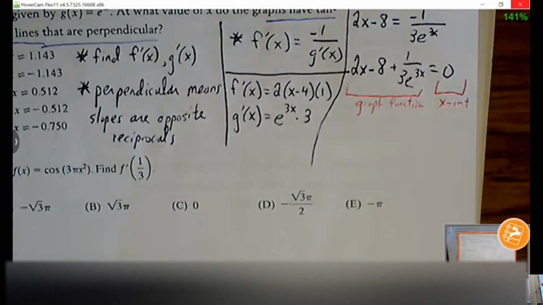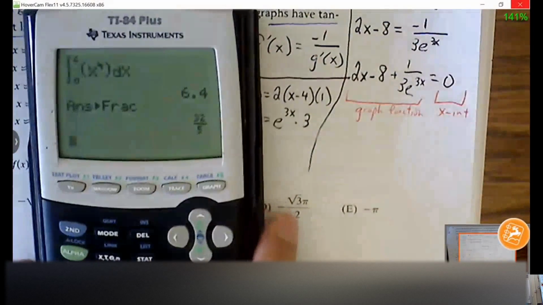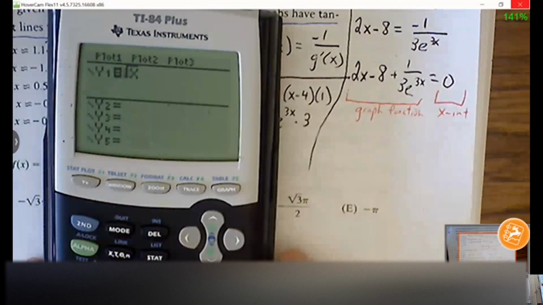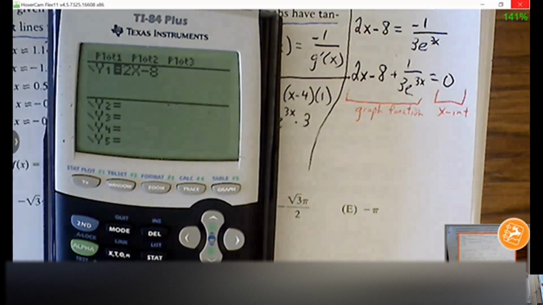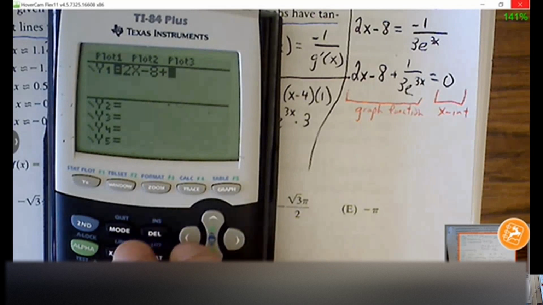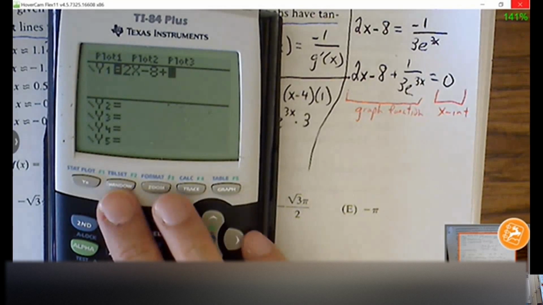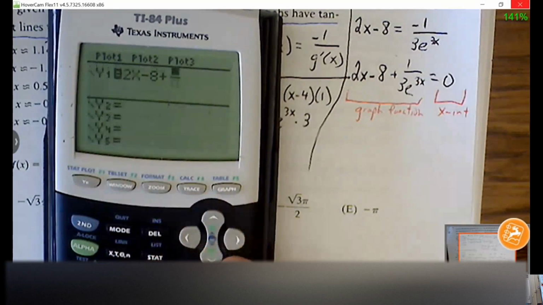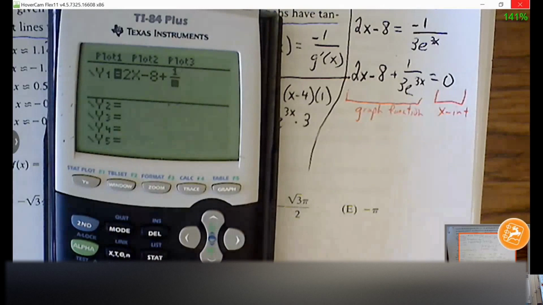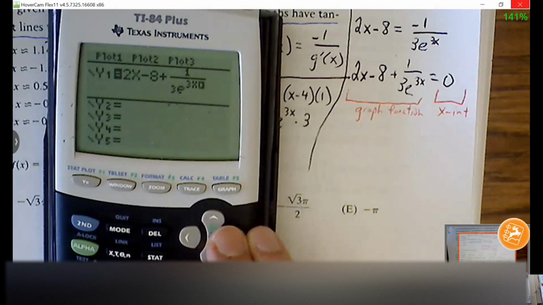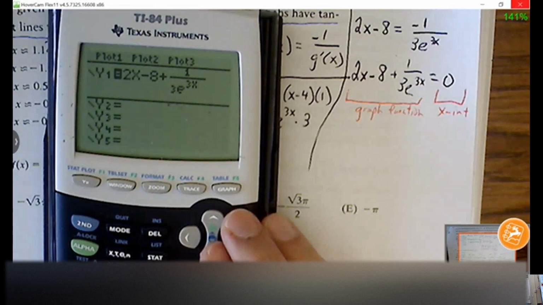Okay, so let's enter 2x minus 8 plus 1 over 3 e to the 3x.